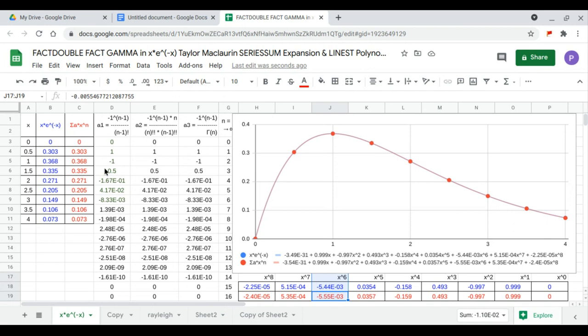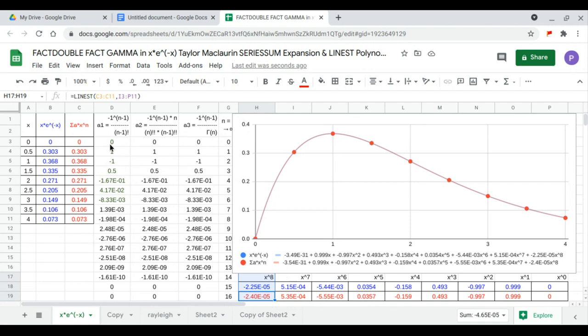There's a slight error because this expansion is only an approximation. So this is the exact value, but this is the approximation. And x to the 7, 5.15 times 10 to the minus 4, 5.35 times 10 to the minus 4. And x to the 8, 2.25 times 10 to the minus 5, 2.4 times 10 to the minus 5.